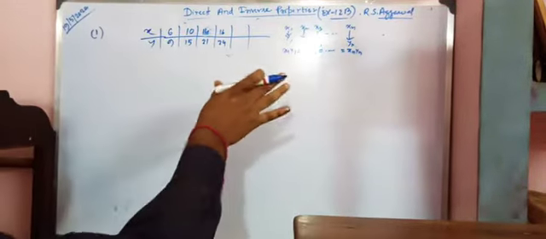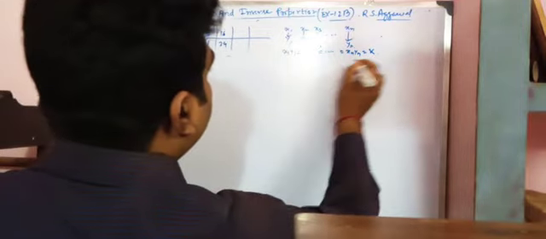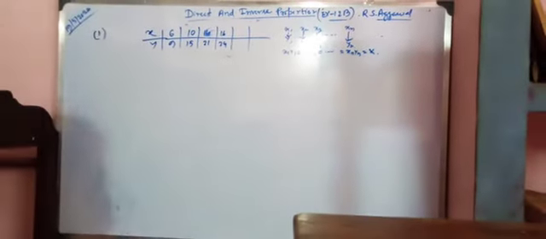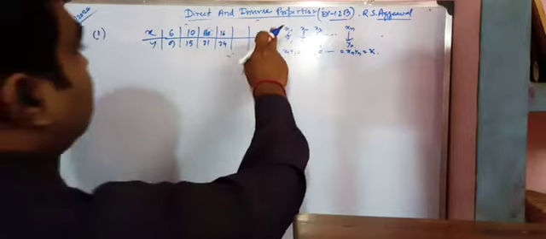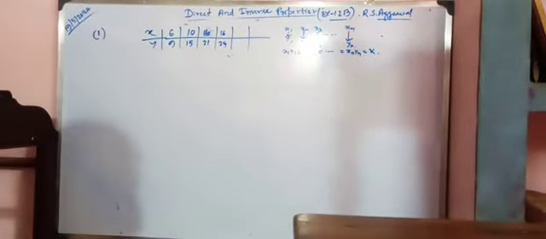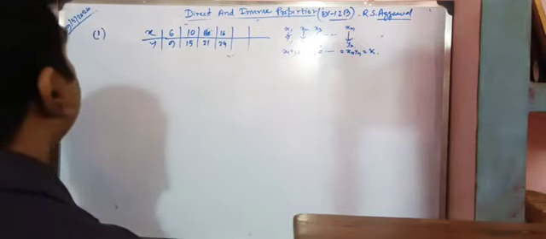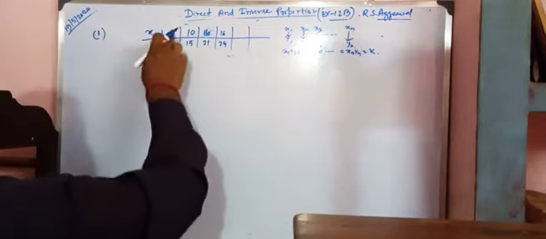If that value is a finite value, that is k, then we can say that the quantities are in inverse proportion. That means x1 is inversely proportional to y1, x2 inversely proportional to y2, x3 inversely proportional to y3, and xn inversely proportional to yn.